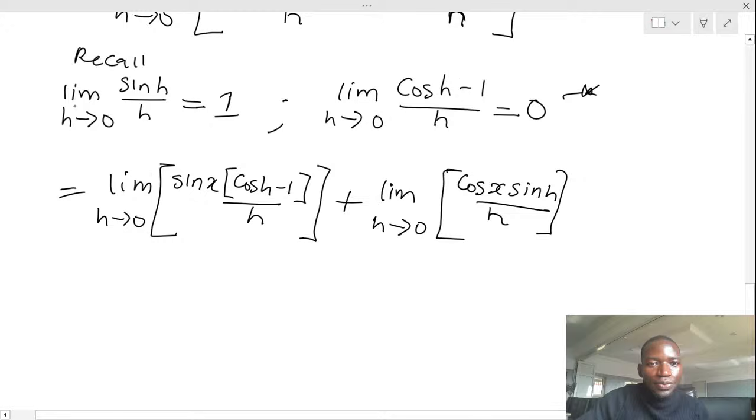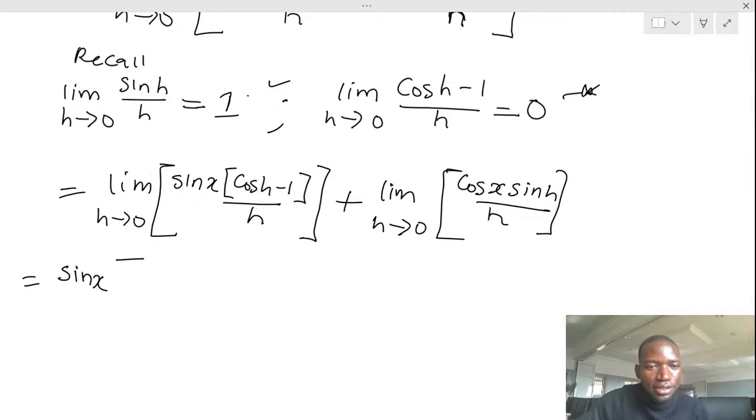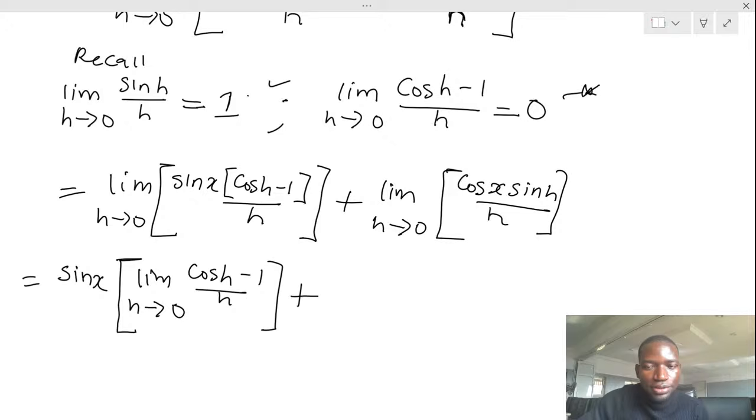Okay, now looking at what we have here, bring out your sine x. So you can have sine x into limit as h tends to 0 of cos h minus 1 over h, plus, bring out your cos x into limit as h tends to 0. We'll cover the whole of this in the limit video.